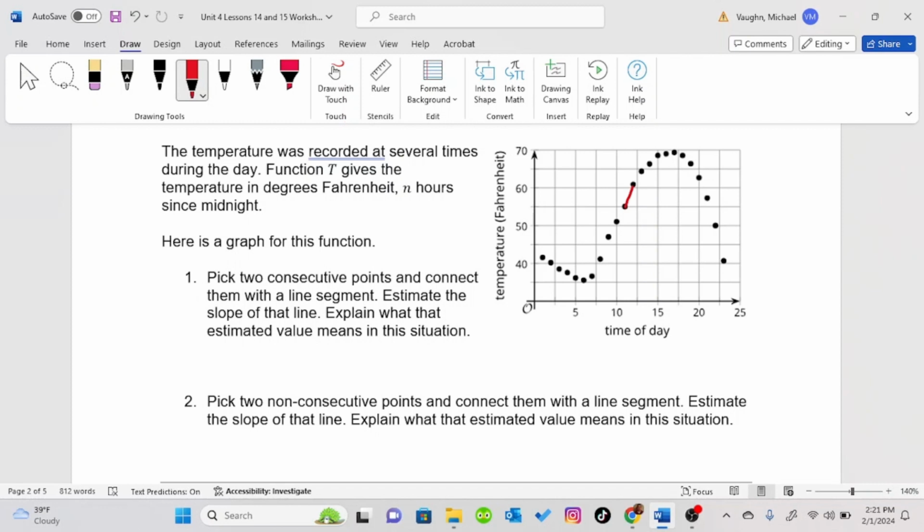Well, it looks like the second point is at y equals 61, and the first point is at y equals 55. And it looks like our second point is at x equals 12, and the first point is at x equals 11.